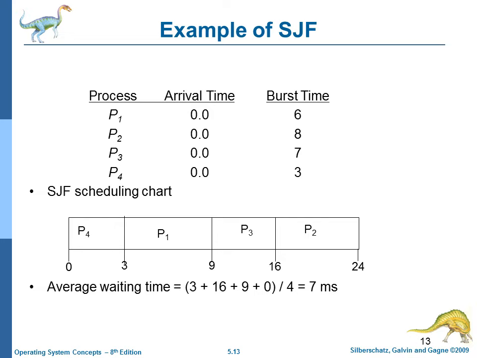Process 1 needs 6 milliseconds, process 2 needs 8 milliseconds, process 3 needs 7 milliseconds, and process 4 needs 3 milliseconds. In this case, the average waiting time is (0 + 3 + 9 + 16) / 4, which is 7 milliseconds.